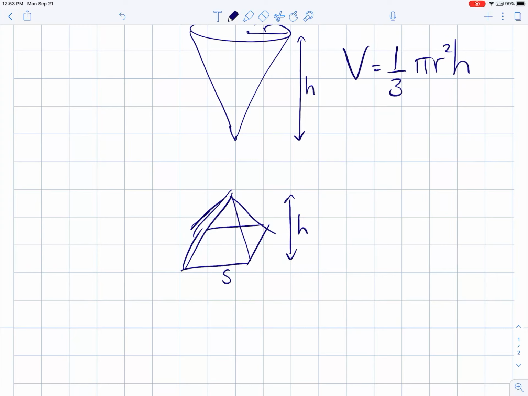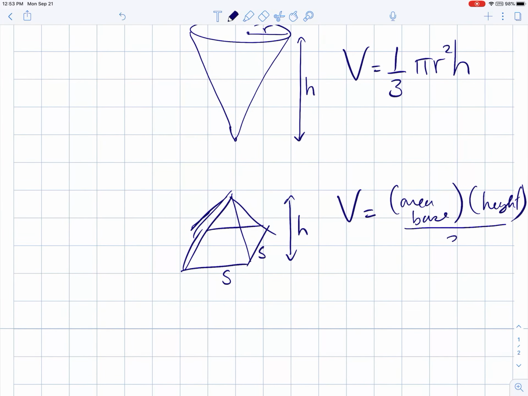And its base, if it was a square base, we could call both sides S. So now using the same logic, the volume is the area of the base times the height. But because it comes to a point, we would divide by 3. So therefore its volume is 1/3, in this case, S squared times h.